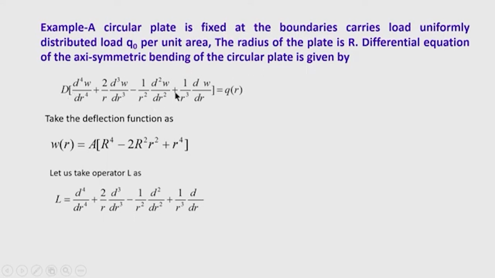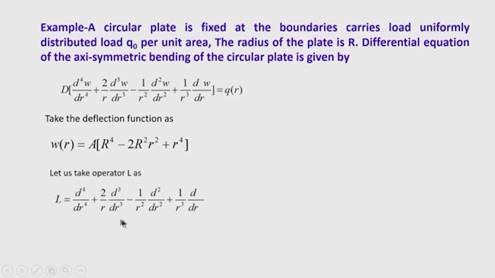So, this expression is found from the differential equation of the circular plate, where you can isolate this operator. The differential operator L is d^4/dr^4 plus 2/r d^3/dr^3 minus 1/r^2 d^2/dr^2 plus 1/r^3 d/dr.